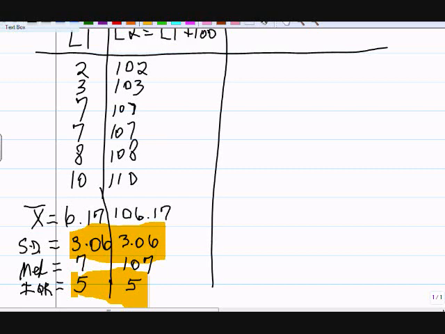The center of that second set of data better not still be 6, because 6 isn't even in that set of numbers. So it makes sense that my centers have changed dramatically. By how much have they changed? By 100, by how much I added to each one of those values. Okay.